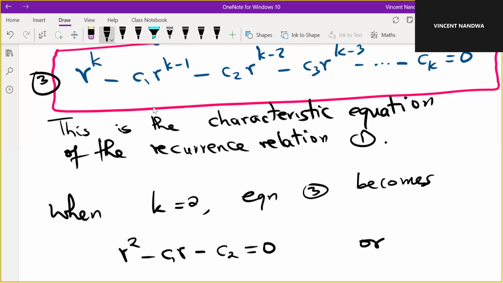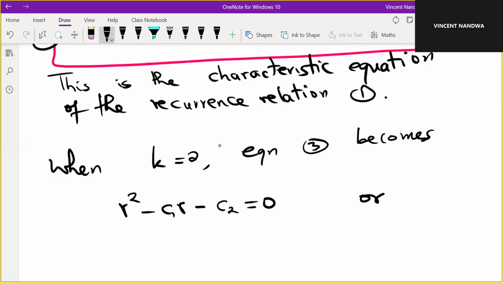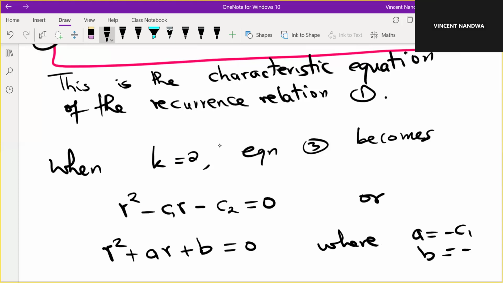Or we can simply write this one as r squared plus ar plus b equals 0, where a is what I have as minus C1 and b is what I have as minus C2.